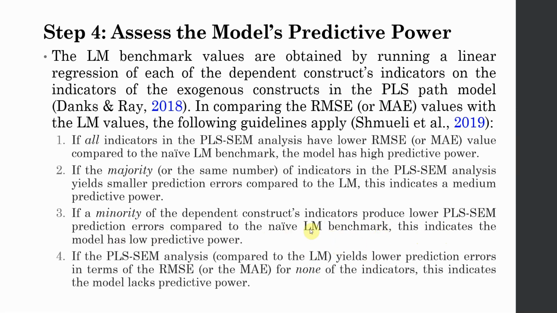But when the PLS-SEM analysis yields lower prediction error for none of the indicators, that is, the prediction error in RMSE or MAE is higher in comparison to the linear model, then you've got no predictive power. So if your RMSE values are lower in comparison to your naive LM benchmark, then you've got predictive power. Whether all, majority, minority or none, you compare based on these guidelines.